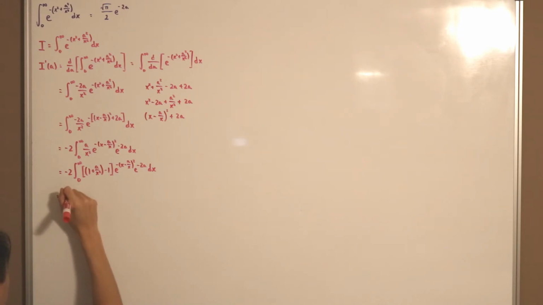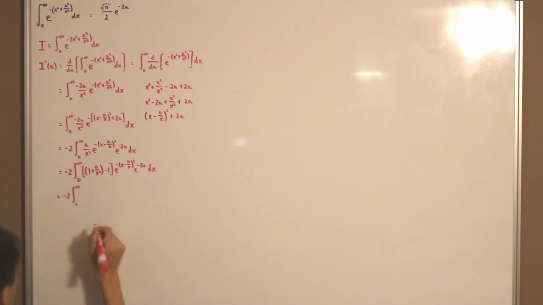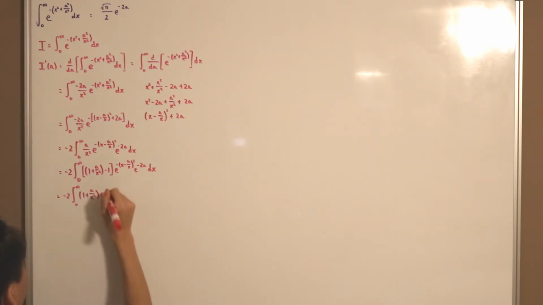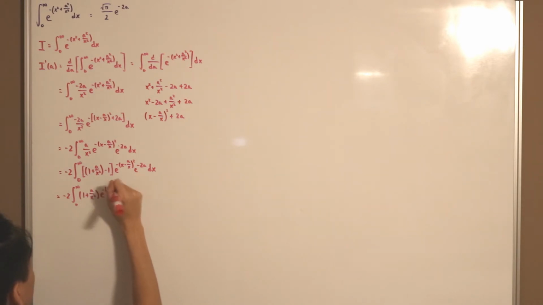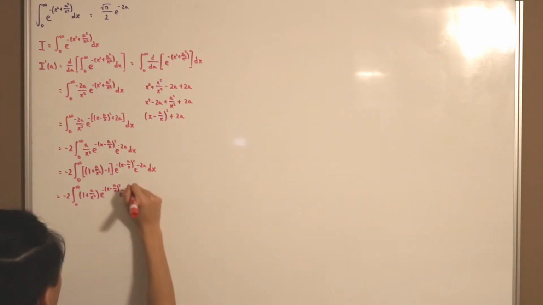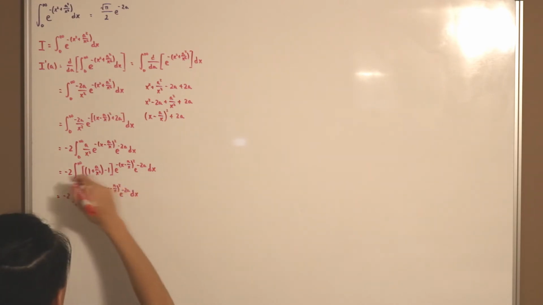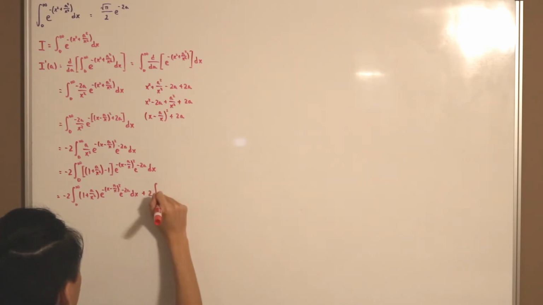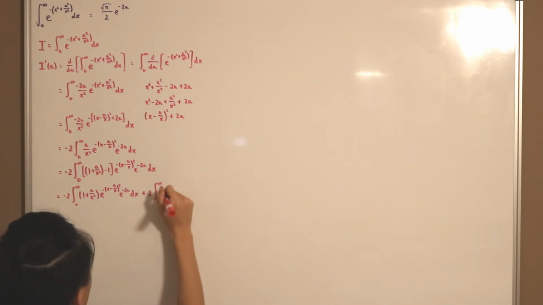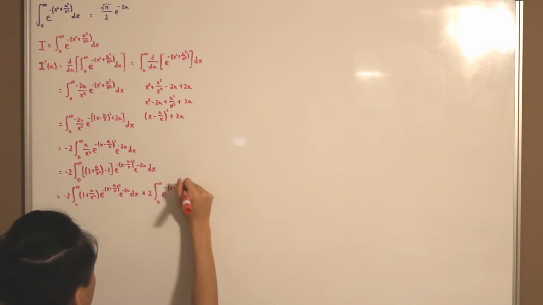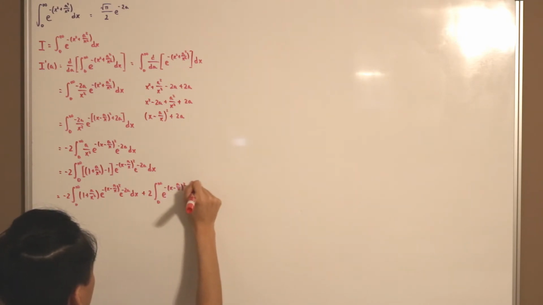So this is -2, the integral from 0 to infinity of 1 plus a over x squared, then e raised to the negative x minus a divided by x squared, e to the negative 2a dx, and then minus minus, so now we have positive, plus 2, the integral from 0 to infinity of e to the negative x minus a divided by x squared, then raised to the negative 2a dx.